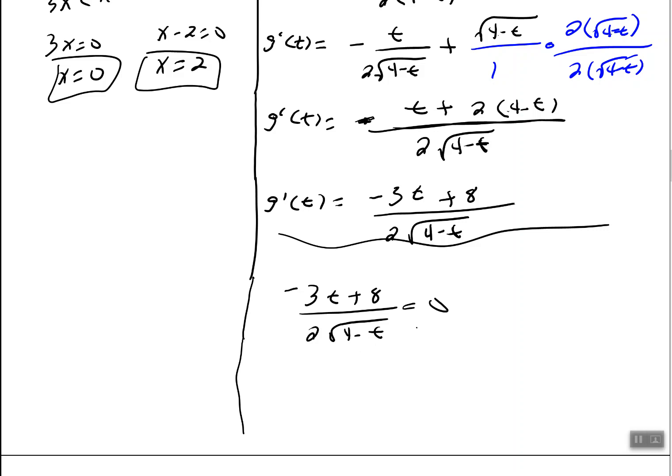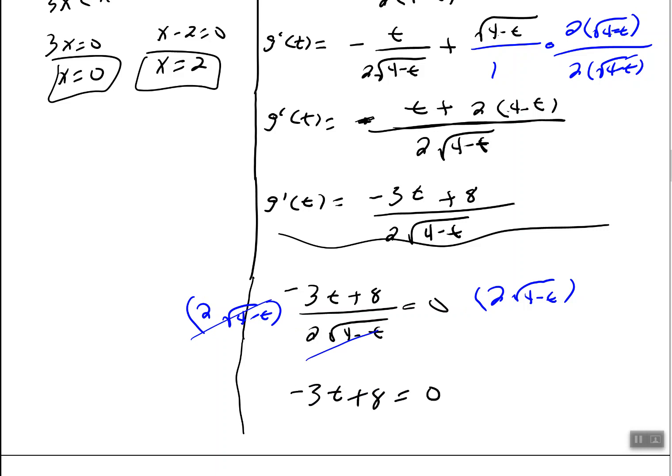All right, so let's multiply both sides by 2 times the square root of 4 minus t. So multiply both sides by that to clear our denominator. Cancel. That equals 0. So now we have negative 3t plus 8 equals 0.